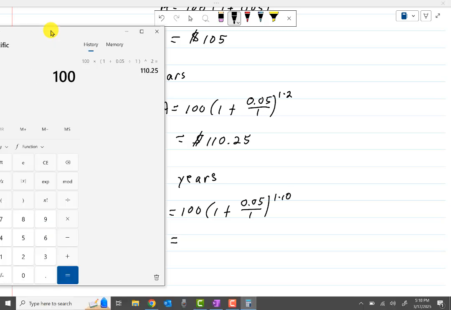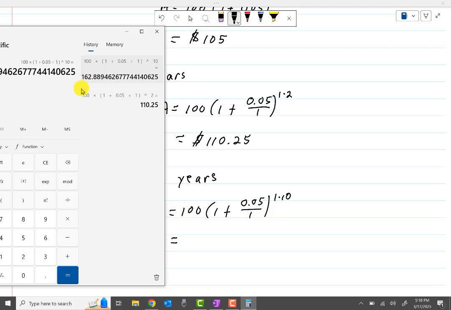So I have 100, start a parenthesis, 1 plus 0.05 divided by 1, end the parenthesis, and now I've got to raise that to the 10th power. I'm going to round to 2 decimal places, so it looks like $162.89.